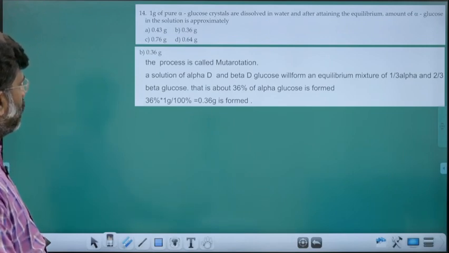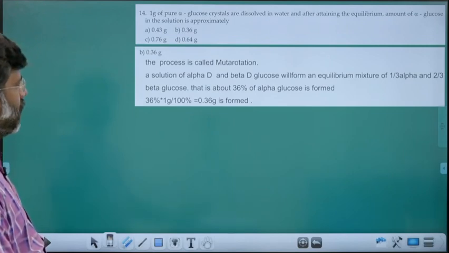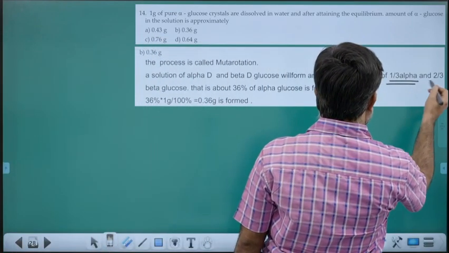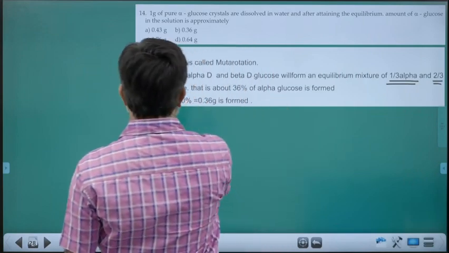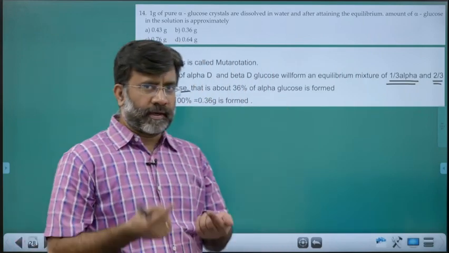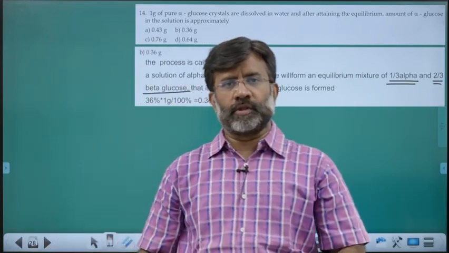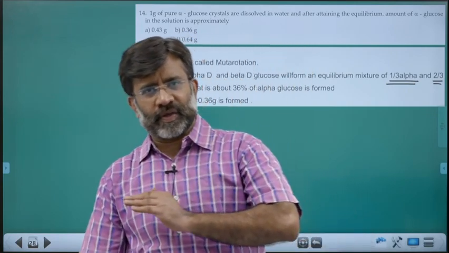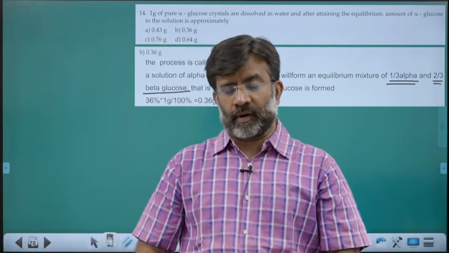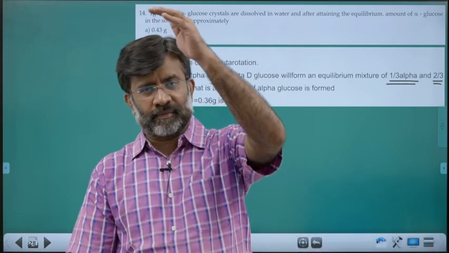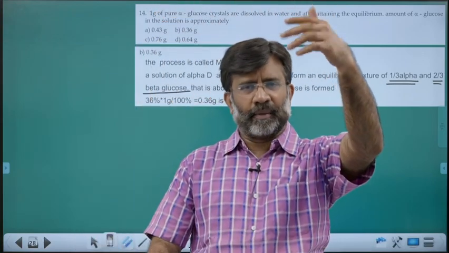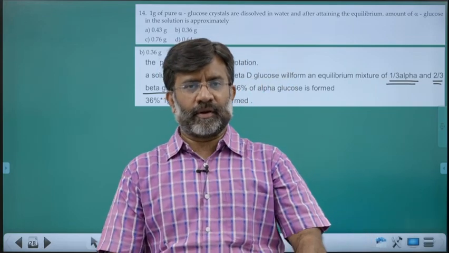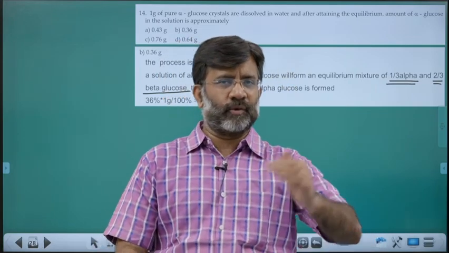A solution of alpha-D and beta-D glucose will form an equilibrium mixture of 1/3 alpha and 2/3 beta. The rotation of alpha decreases from somewhat above 100 to 57 something, while that of beta increases from 19 to 50.